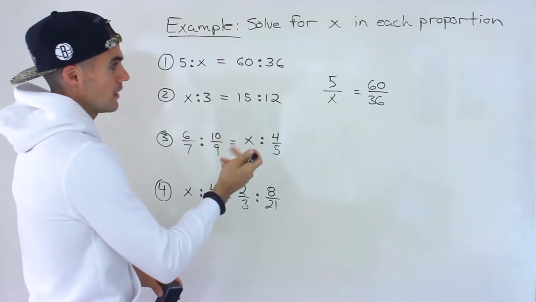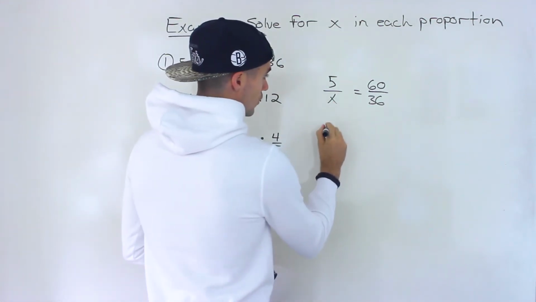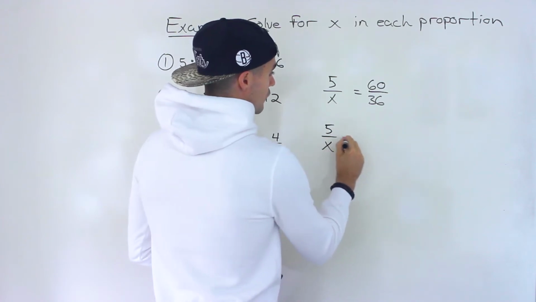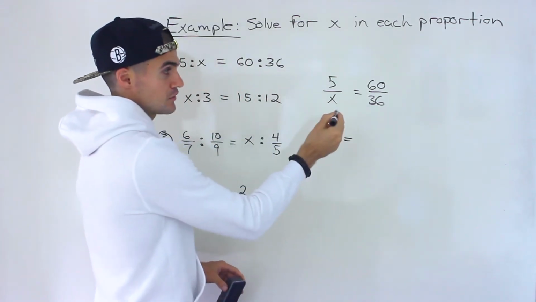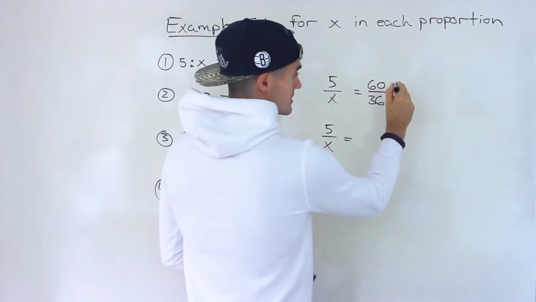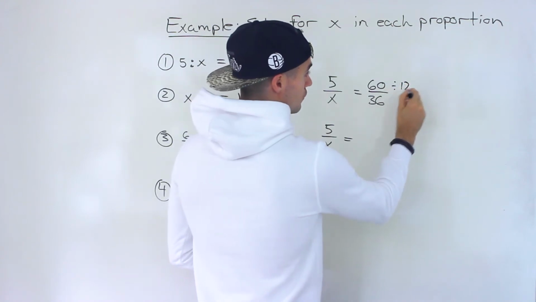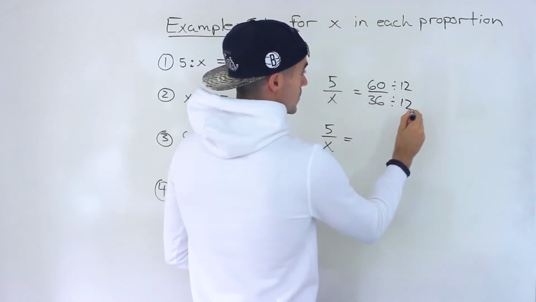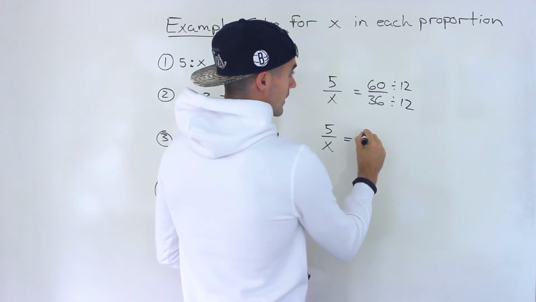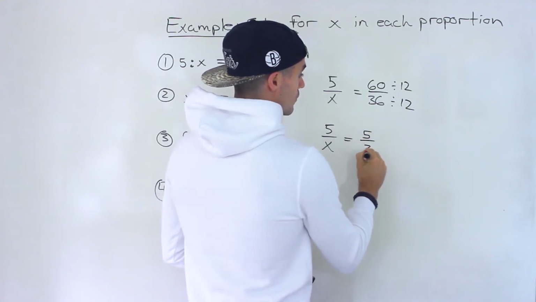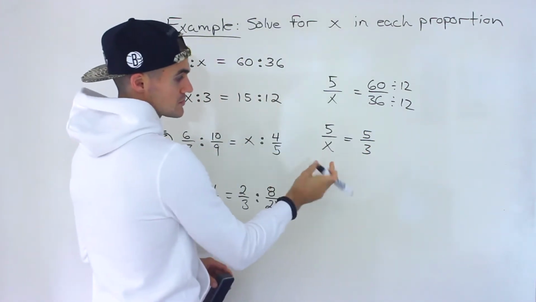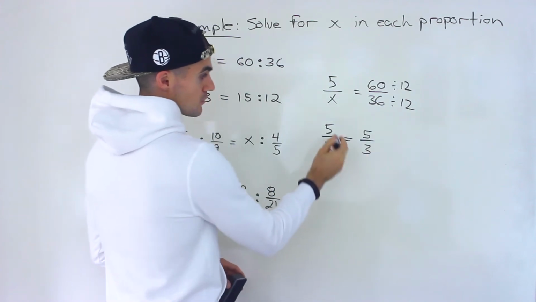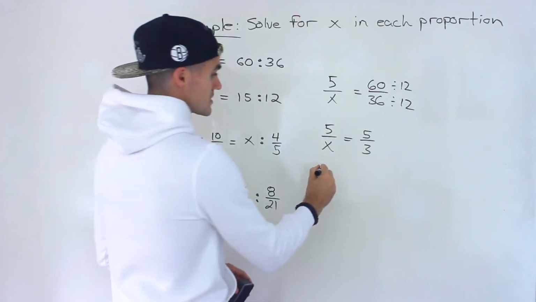You can cross multiply. Another thing you can do actually before cross multiplying is if you have a fraction that can simplify. So notice that the 60 we could divide by 12, and we could divide the 36 by 12, and we end up getting 5 over 3. And then actually from here it's easy to see that x is equal to 3 because the numerators are the same.